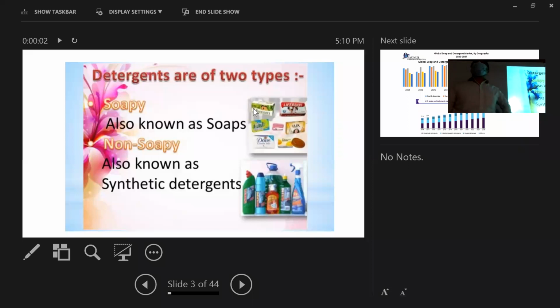That means some of them have too many bubbles, and some of them have very few bubbles. So you can consider soapy and non-soapy.